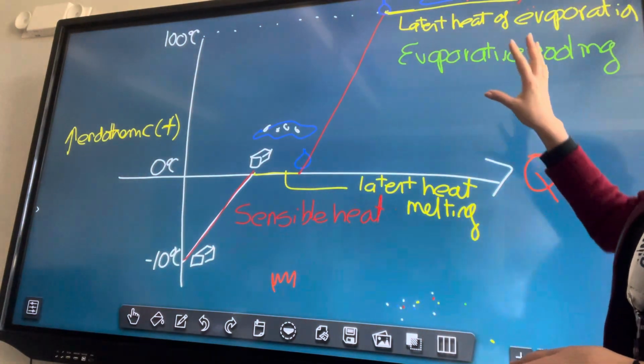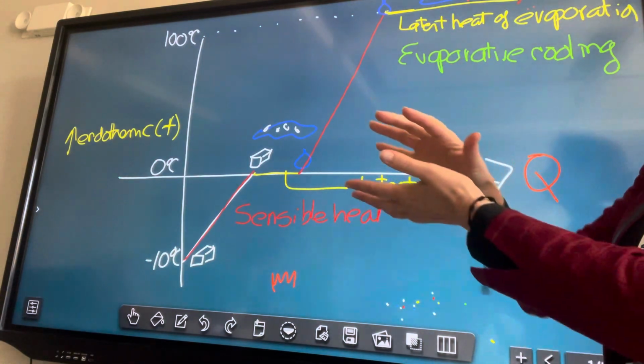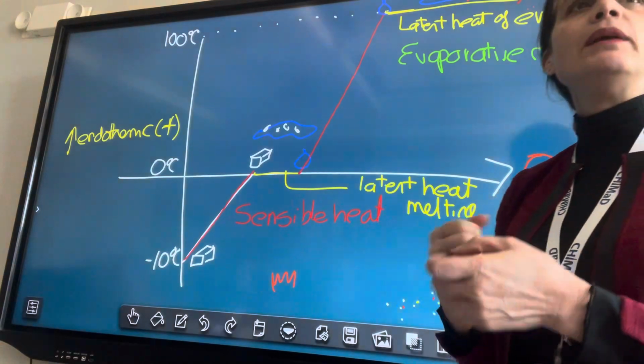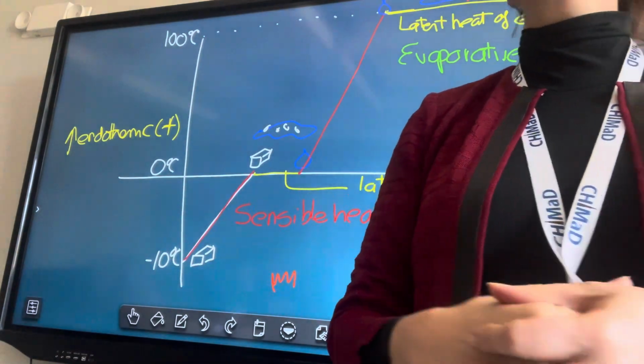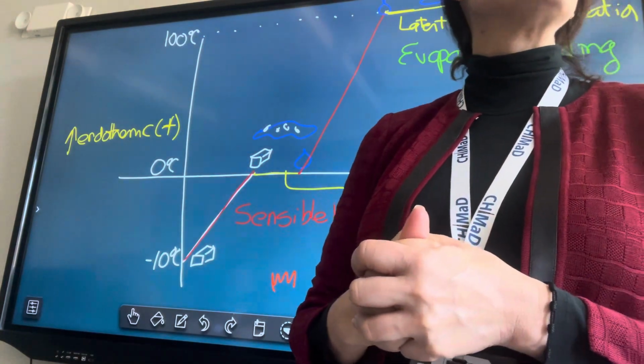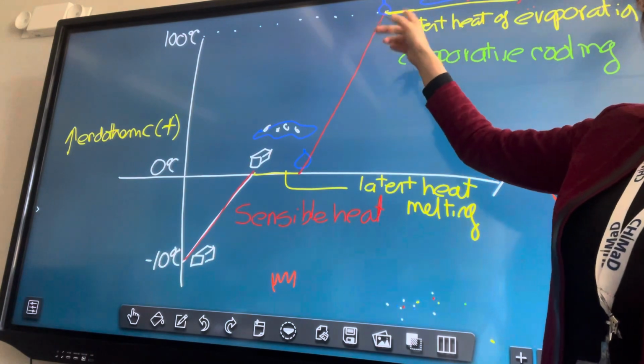So evaporative cooling, this latent heat of evaporation, the fact that when something goes from a liquid to a vapor, it cools something, believe it or not, is what cools the air in here. It's how refrigeration works, how an air conditioner works. It works literally on this principle.